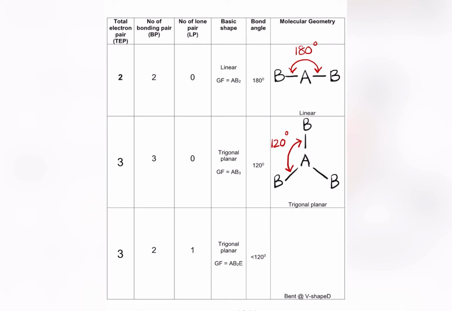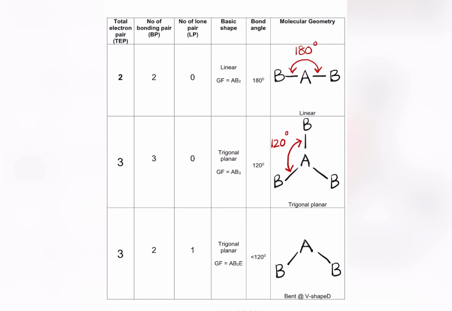Kita akan draw shape of this molecule di mana I have A as my central. And what will happen next? Saya akan ada 2 bonding pair. So it is bonded to 2 terminal atoms. And what's next? Saya ada 1 lone pair. So how you want to draw 1 lone pair?